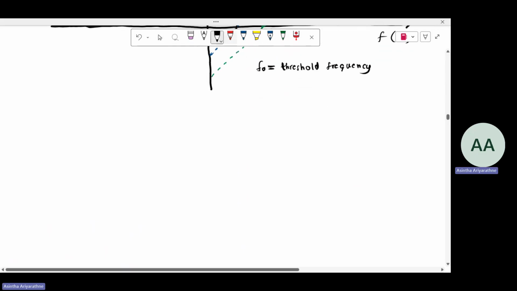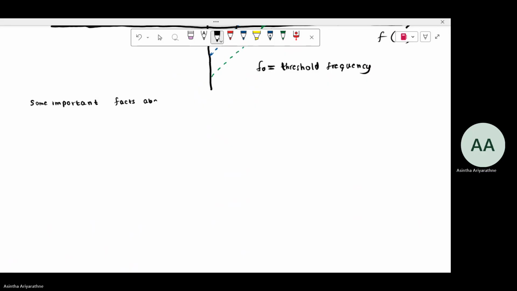Some important facts about graphs are as follows.